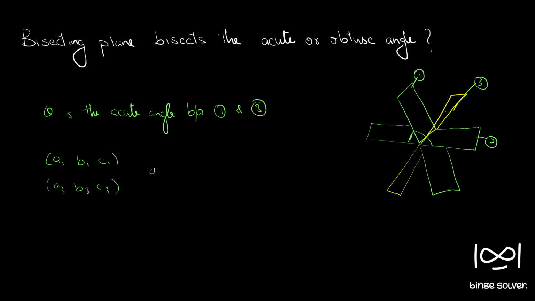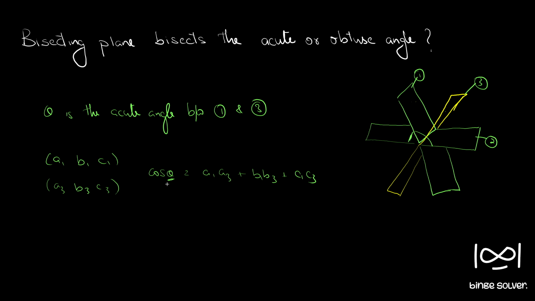So we will find theta by using the concepts we discussed earlier. Cos theta is nothing but a1 a3 plus b1 b3 plus c1 c3. We will find this theta, and if cos theta is negative, that means this angle is obtuse.